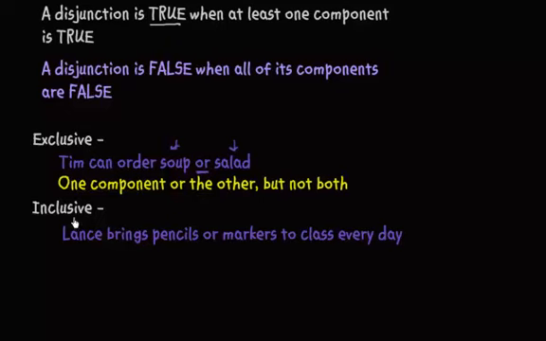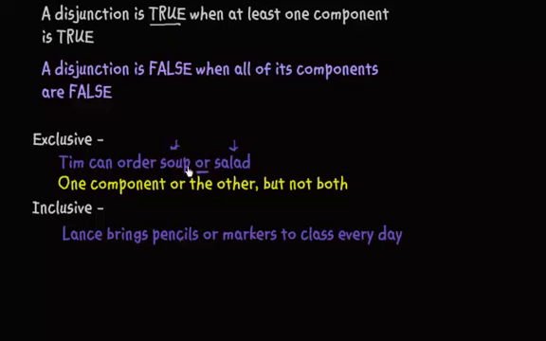Now if you take a look at our inclusive, here's a statement. Lance brings pencils or markers to class every day. Now, is it possible for Lance to bring both? Is there any reason why he can't bring both? No, he can bring pencils or markers to class every day, and there's no violation of this statement if he brings both. So again, the difference between exclusive and inclusive is when are you allowed to have both?